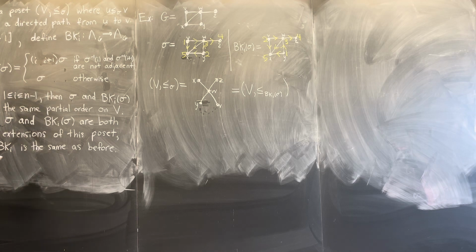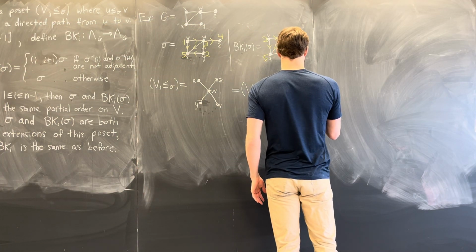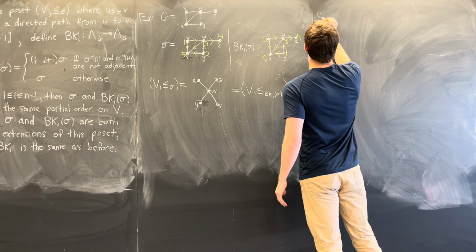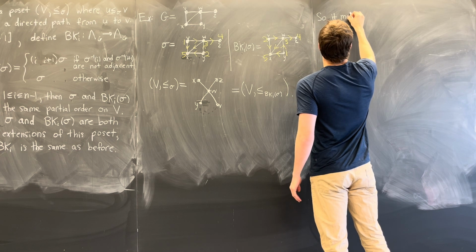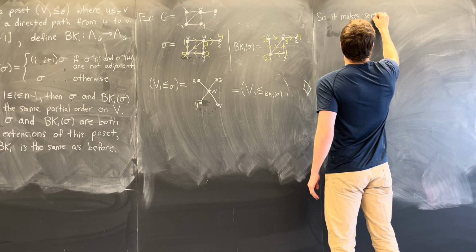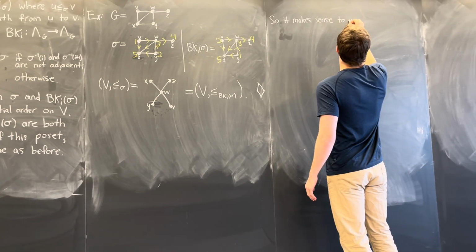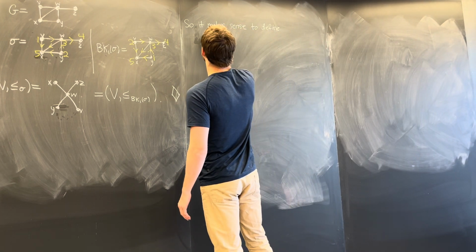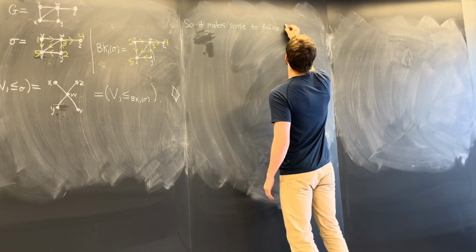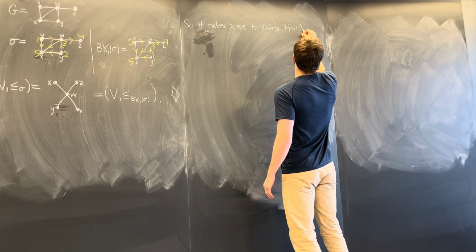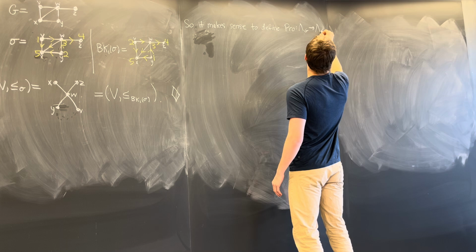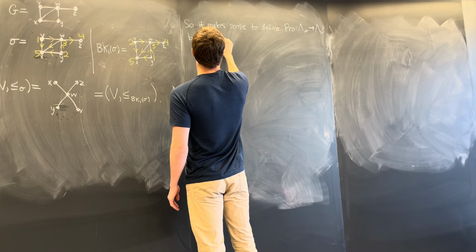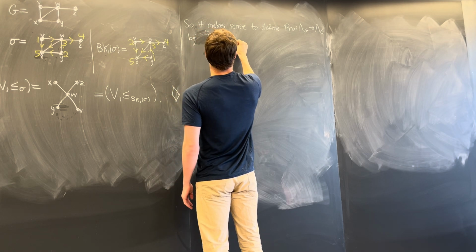So because of this, this is the end of the example. So it makes sense to define promotion as a map from lambda g to lambda g by just the same expression we had before.